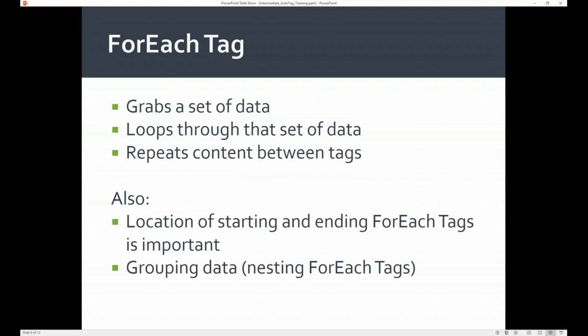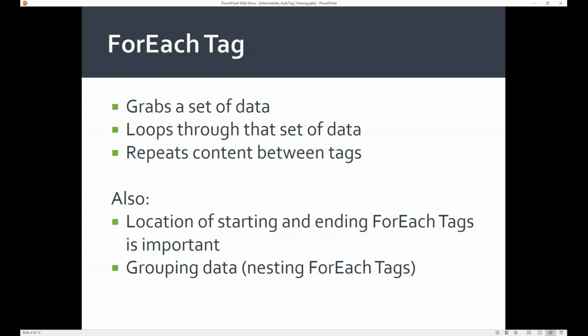So for the ForEach tag, let's review what it actually does. It does 3 things. First, it grabs a set of data, any set of data that you want to pull from your data source. Secondly, it loops through that set of data that you selected to work with.